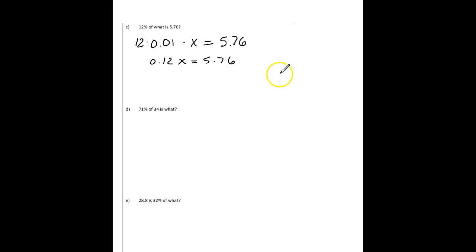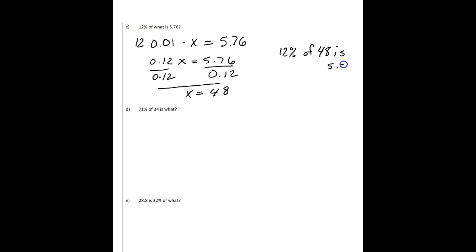To solve this, what do I need to do? That's right, we're going to divide by 0.12 on both sides. You know how to do this. And I get x equals 48. So then I answer my question. 12% of 48 is 5.76.